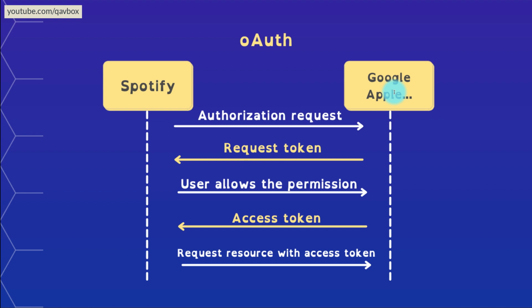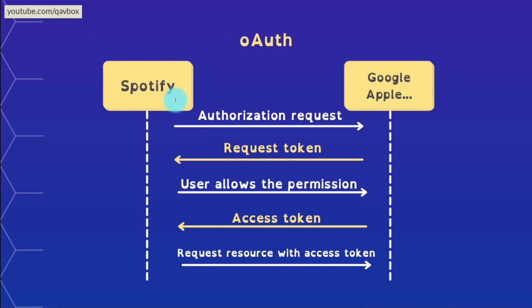If that is successful, your username and password on the Google platform, then Google will give one request token to Spotify, saying, okay, this person is authenticated, and we are authorizing Spotify to access our resources. That's where they will give you a token. This is basically the first level of authorization.